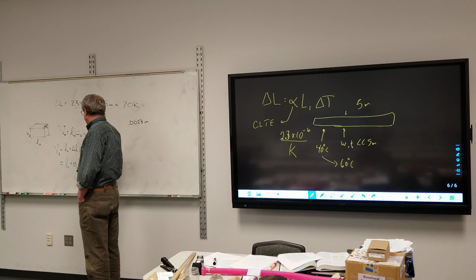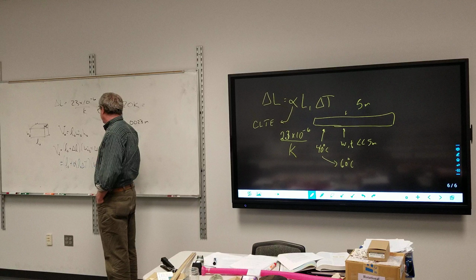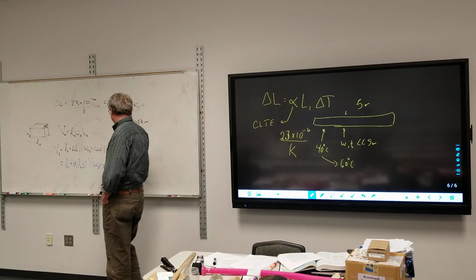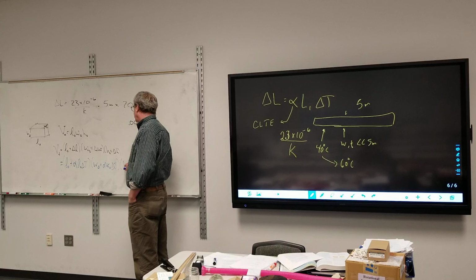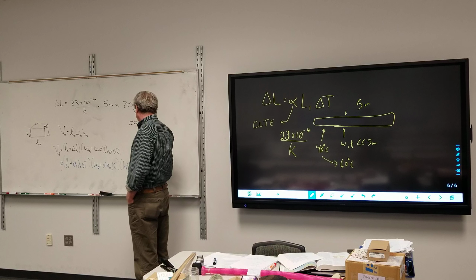L sub naught delta t times W sub naught plus alpha W sub naught delta t, H sub naught plus alpha H sub naught delta t.